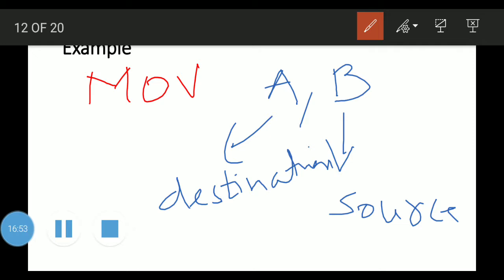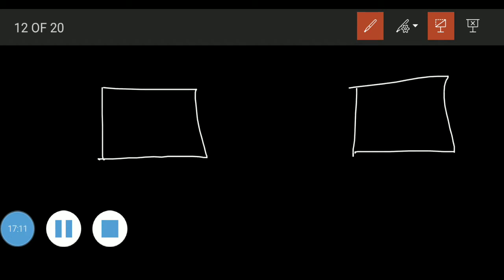I am demonstrating it with an example. Suppose I am having two values, one value here and one value here. Now this is indicated by one register. It is A and here it is B. Let us see the values.